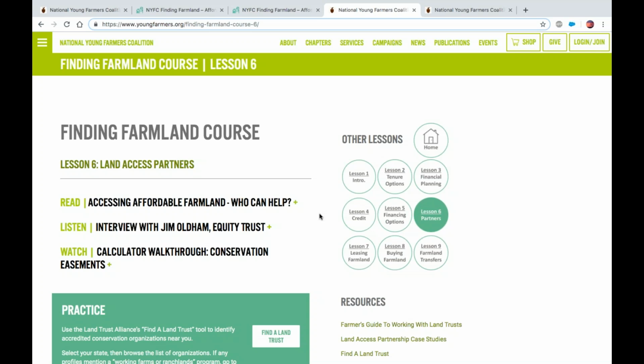It's a lot easier to set yourself up for long-term success if you don't have to be exposed to that risk of really expensive property and increasing property prices, which you could get around by working with a land trust and having a long-term lease through a land trust, or just selling some of those development rights that really contribute to that widely increasing property price over time.